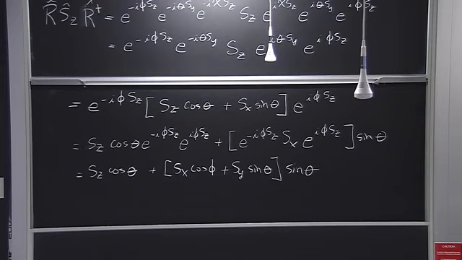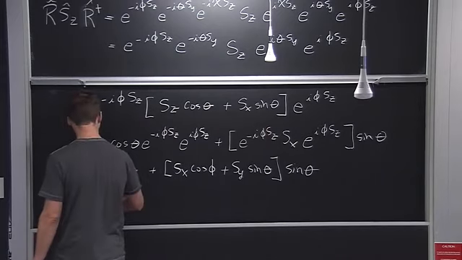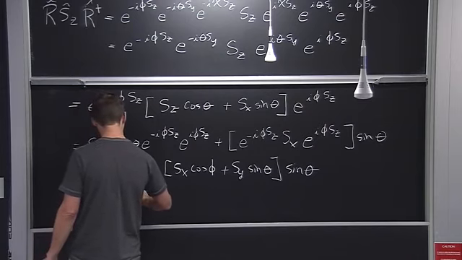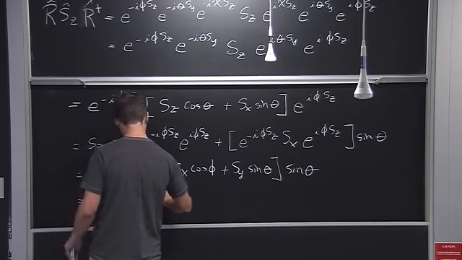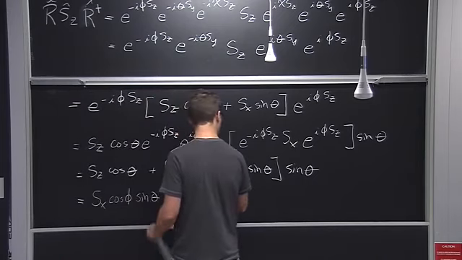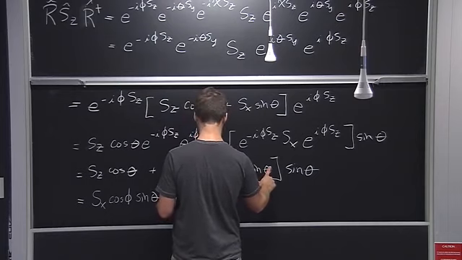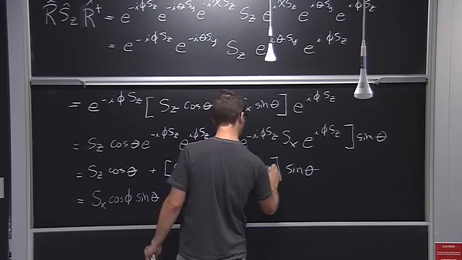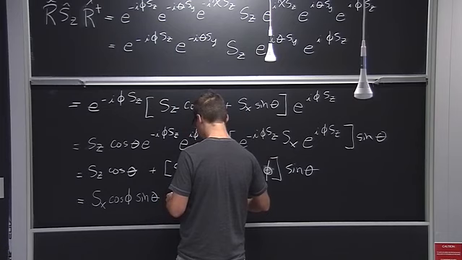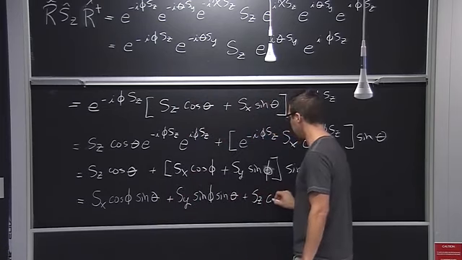And let me just order this in terms of the operators. So S_x cos phi sine theta, S_y sine phi sine theta. And then S_z just says it's cos theta.